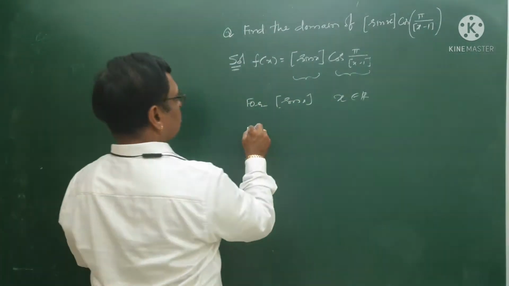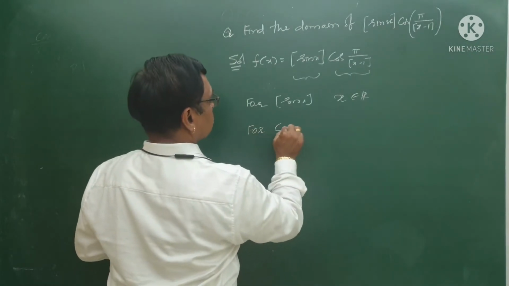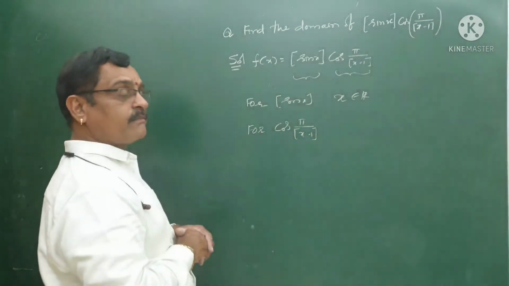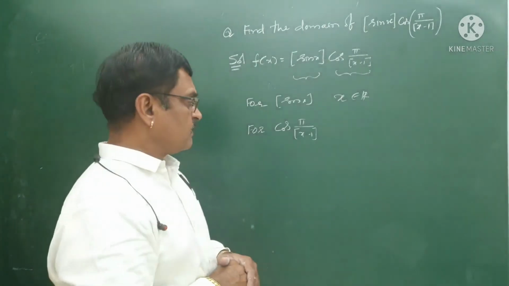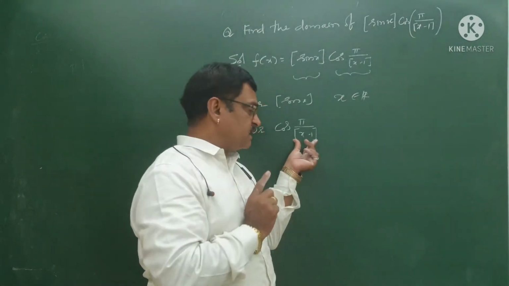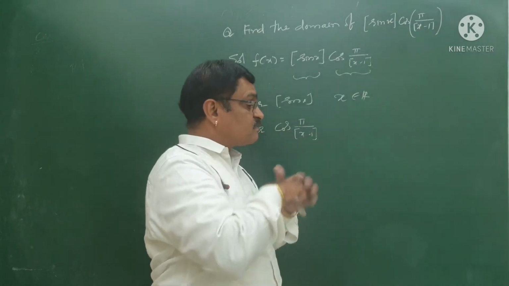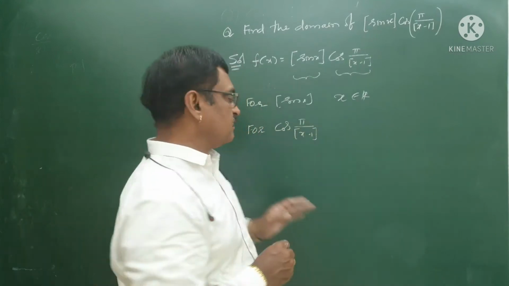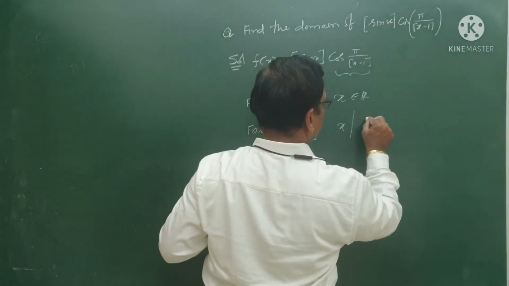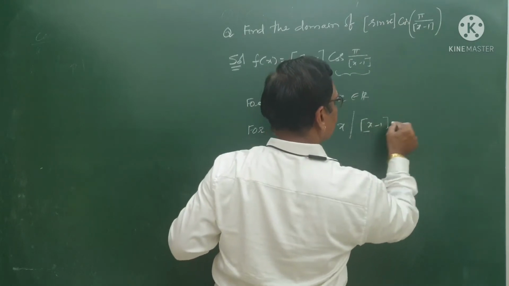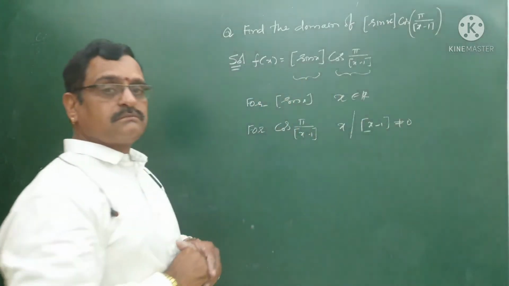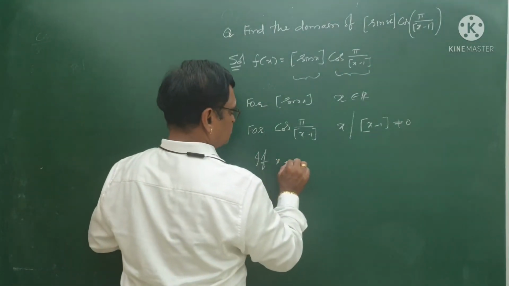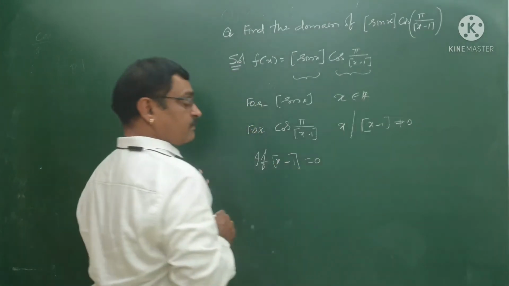Come to the second one, cos of pi by the integral part of x minus 1. This is cos of pi by something. Now you find the variable here. This integral part of x minus 1 should not be 0. Then it is defined, because anything by 0 is not defined. So here x such that the integral part of x minus 1 is not equal to 0. If the integral part of x minus 1 is equal to 0, what is the meaning of that?